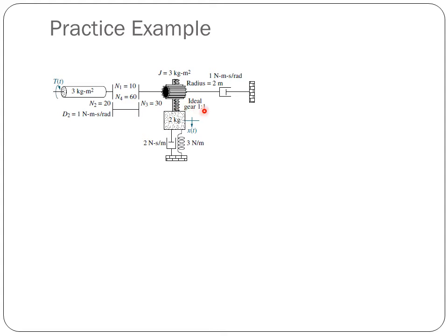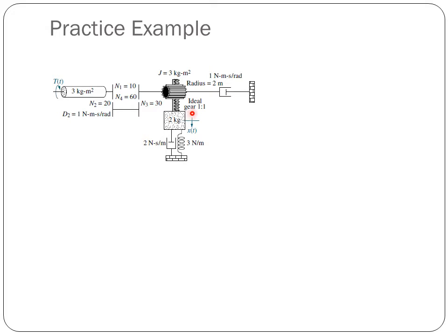It is called 1:1 gear. It means that if 3 teeth of this gear move, there will be movement of 3 teeth along the vertical translational gear. So this means 1:1.